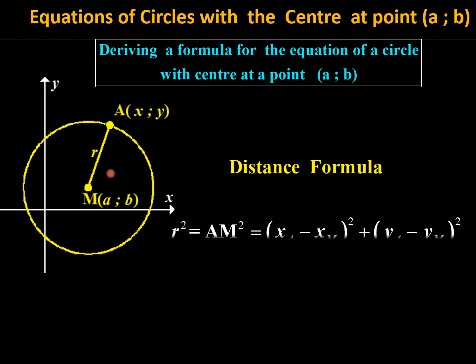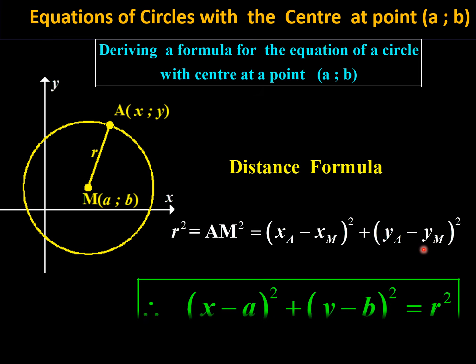If I apply the distance formula, AM squared will be (x_A minus x_M) all squared plus (y_A minus y_M) all squared. We substitute there: x_A is x, x_M is a, so that is (x minus a) squared plus (y minus b) squared, and there's the equation of the circle if the center is at (a, b).